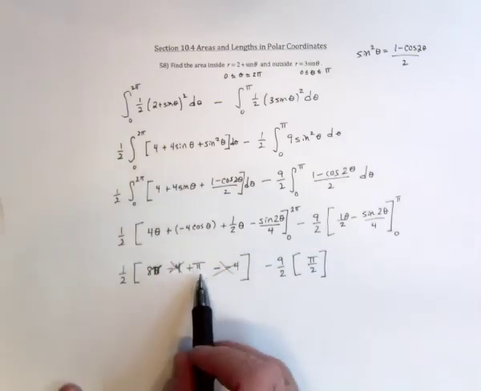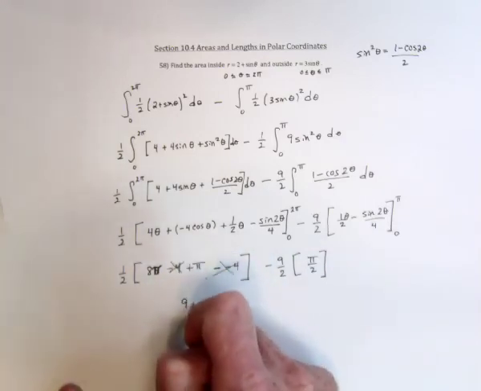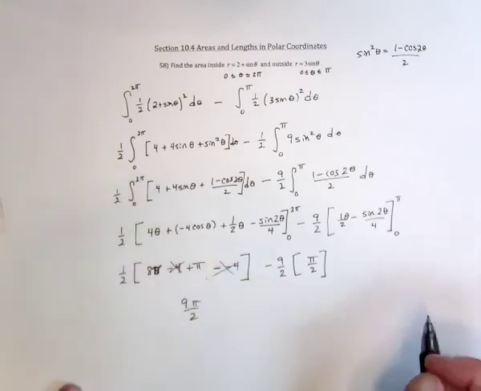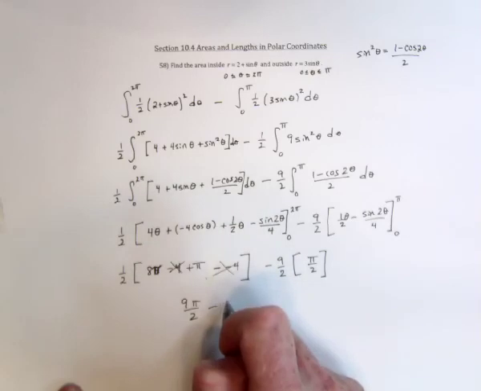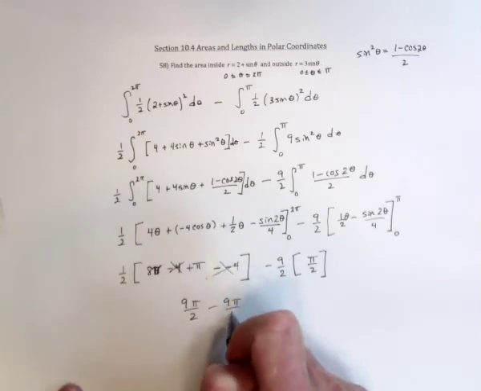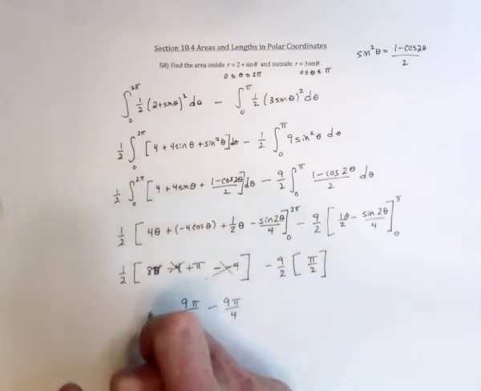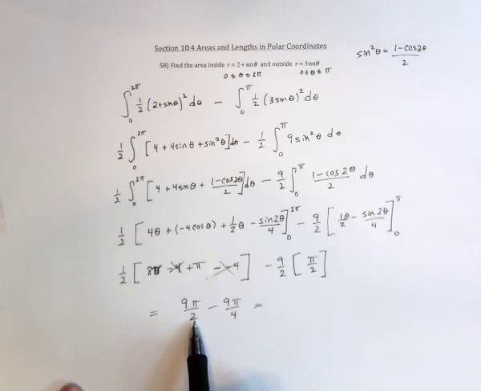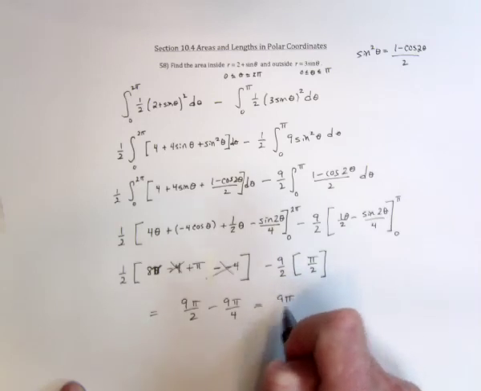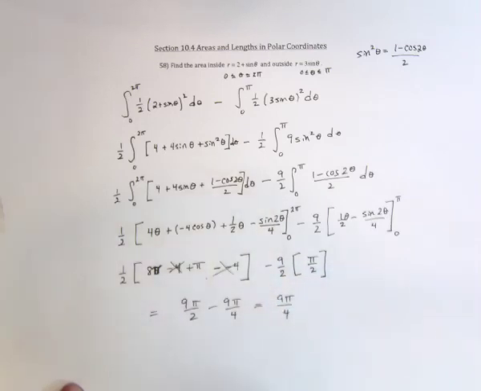This is now 9 pi over 2, and then minus 9 pi over 4. If you look at it this way, 1/2 minus 1/4 is going to be 1/4, except it's not 1, it's 9 pi quarters.